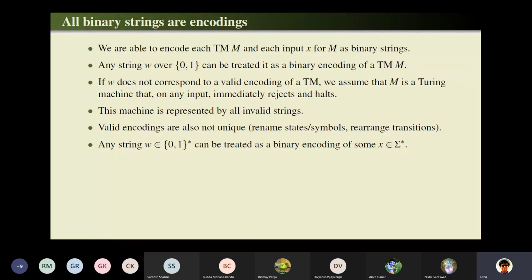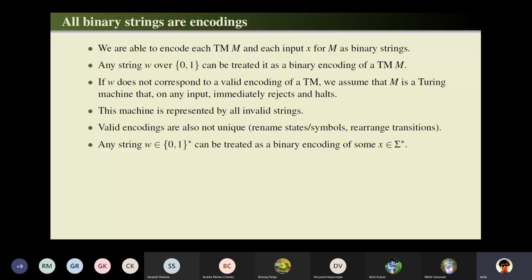If there are, for example, k symbols, and you have something like k plus 1, 2k, k square, a 0 power that thing, that does not stand for any valid symbol, right? Of course, this encoding is very much dependent on the machine that we use. But the point is that encodings of strings can also be invalid.